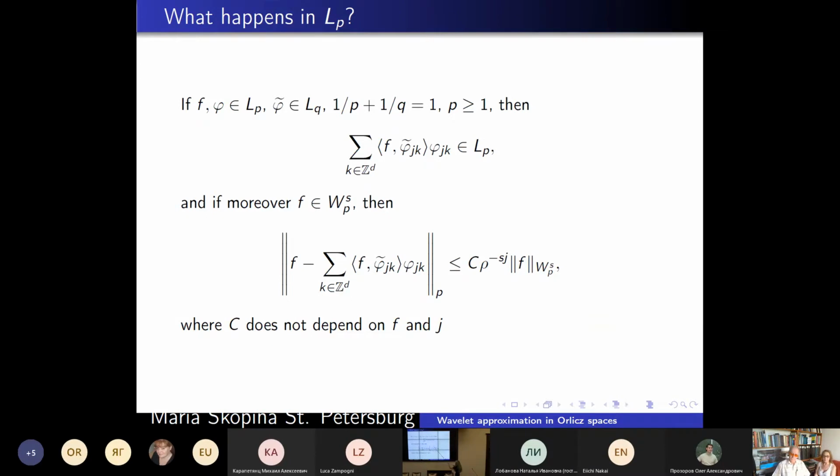What happens in LP? In LP, it was obtained. It is well known that the scaling expansion, the same as the wavelet expansion, is in LP, with approximation order S whenever the vanishing moment condition is satisfied.